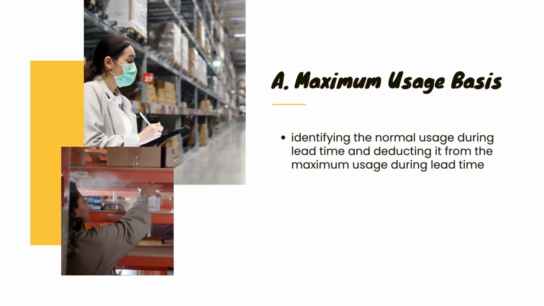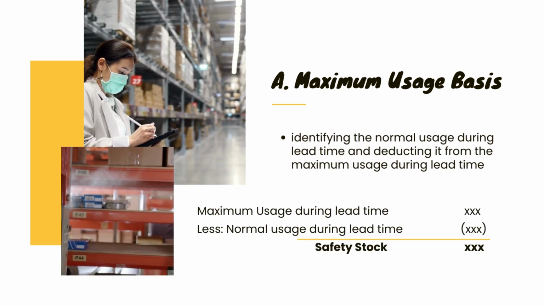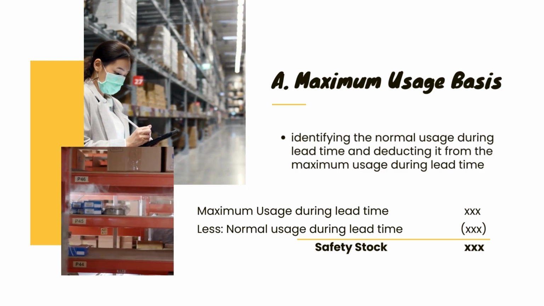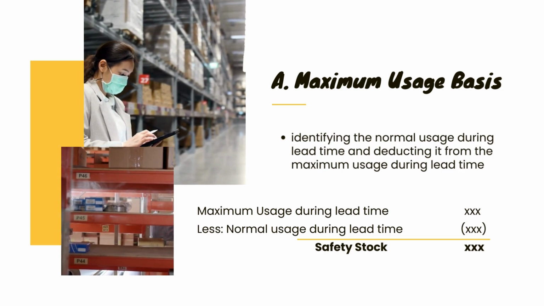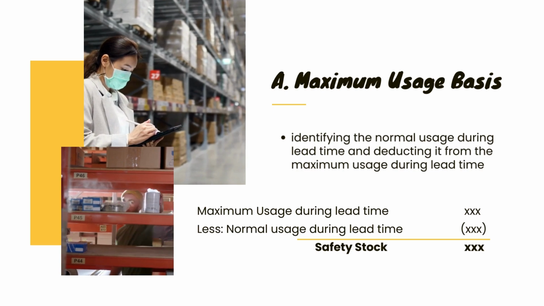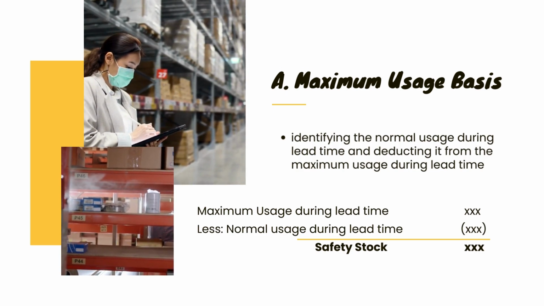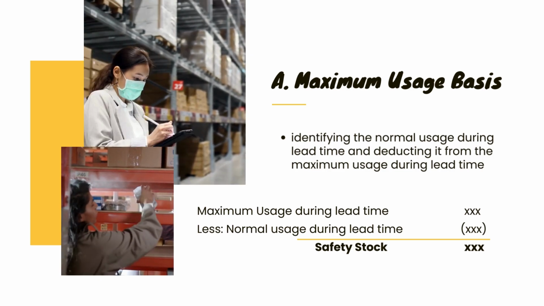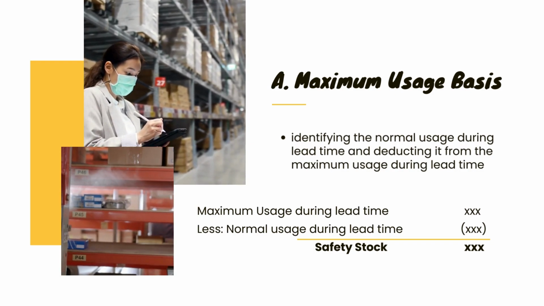So, para makompute ang safety stock, sinasabi na yung maximum usage during lead time minus normal usage during lead time, then makukuha mo yung safety stock. Dito, yung maximum usage during lead time, so ang ibig sabihin yan, based sa past record or past production nyo, ilan yung pinakamataas, gaano karaming pinakamataas na units na nagagamit habang nag-aantay ng restock.